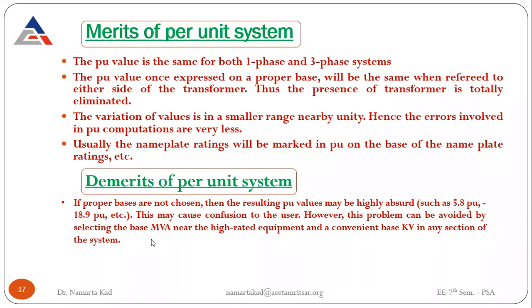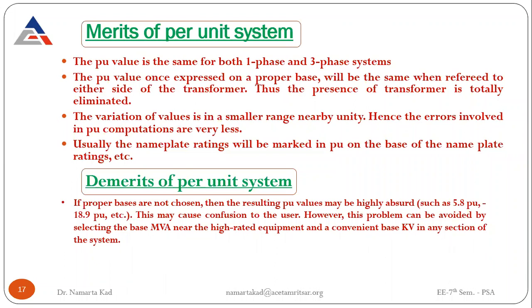Like if in any power system transformers, circuit breakers, generators and transmission lines are there, but the highest is a generator of 11 MVA, and a transformer is 6.6 MVA, so we choose the base as 11.